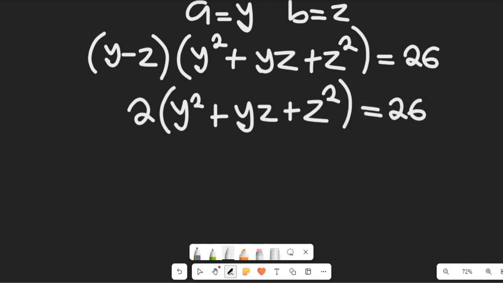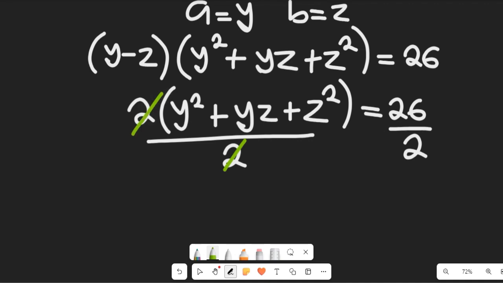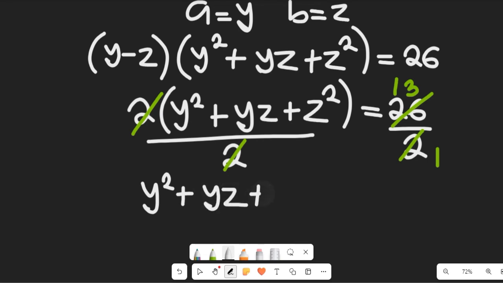Now if you divide here by 2 and divide here by 2, 2 clears 2 and 26 divided by 2 gives 13. So that expression will now be y square plus yz plus z square, and this will be equal to 13.